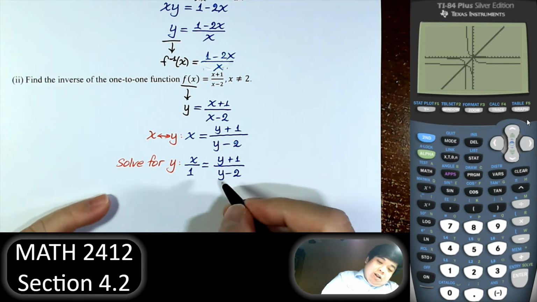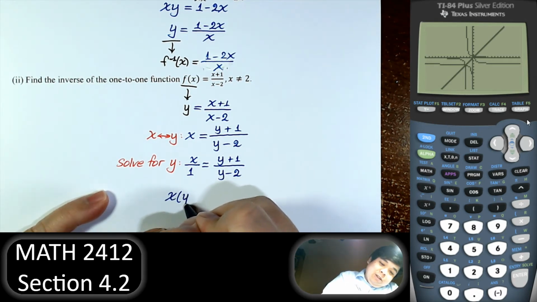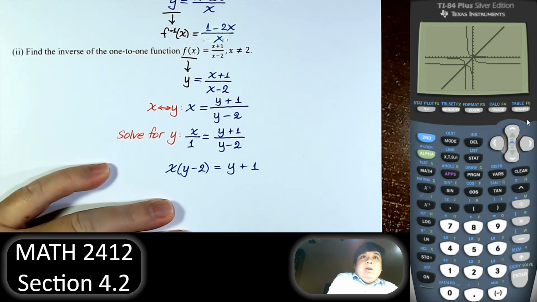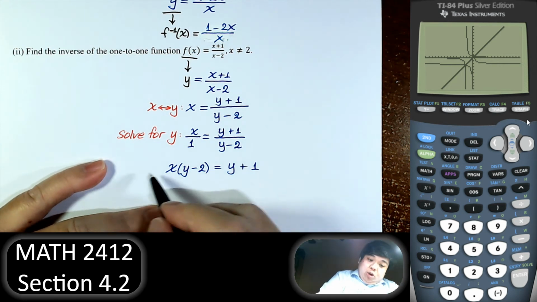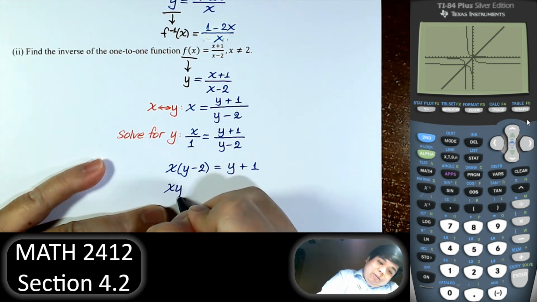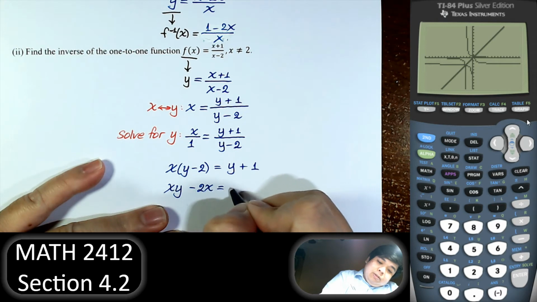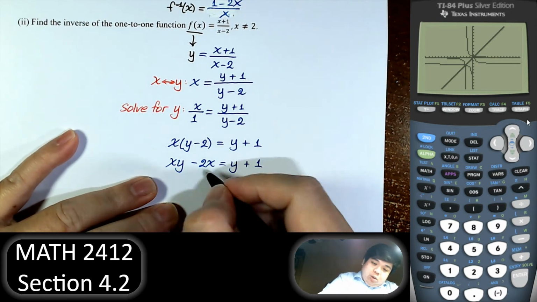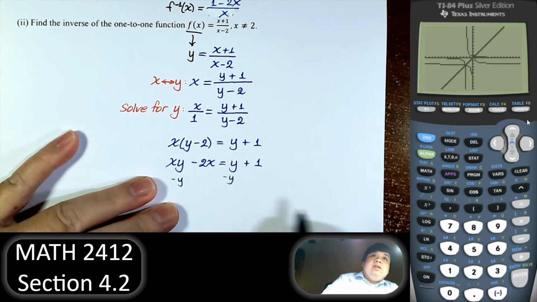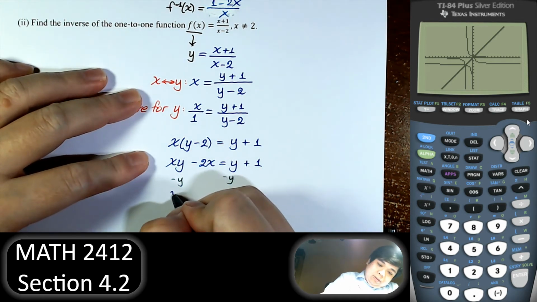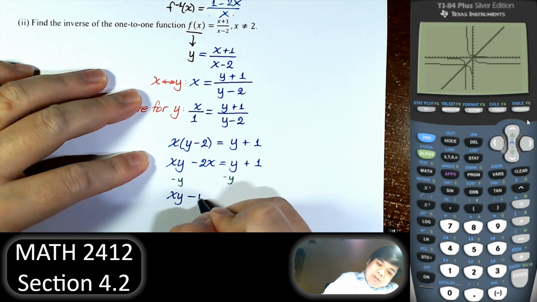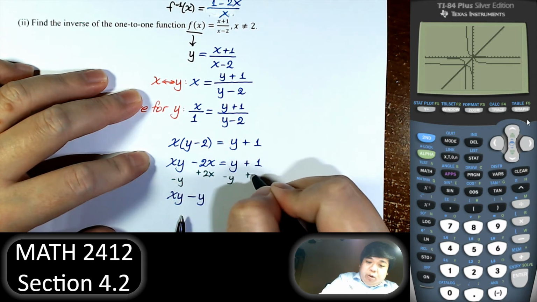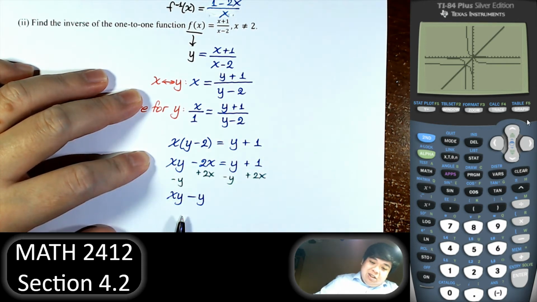Then we cross multiply. Right. Now we'll solve for y. I'll multiply all out xy minus 2x. Now we have y on both sides, so we need to move them to one side. And then we move the 2x to the other side because we solve for y. We don't need x.